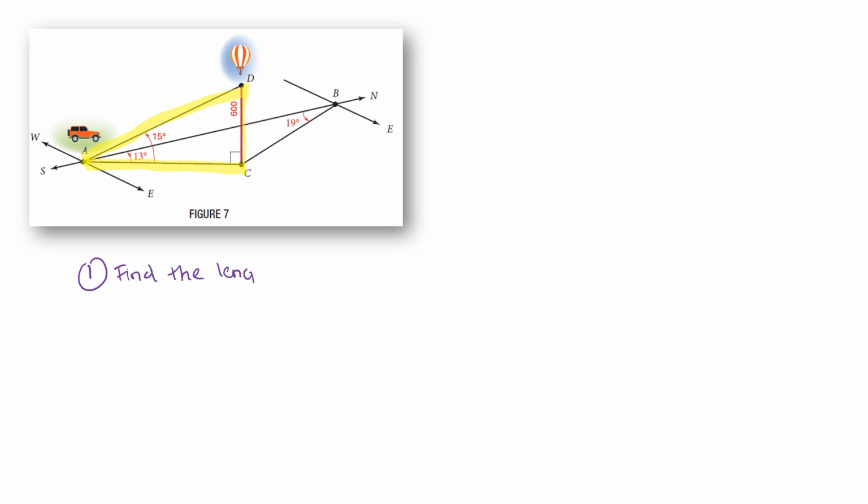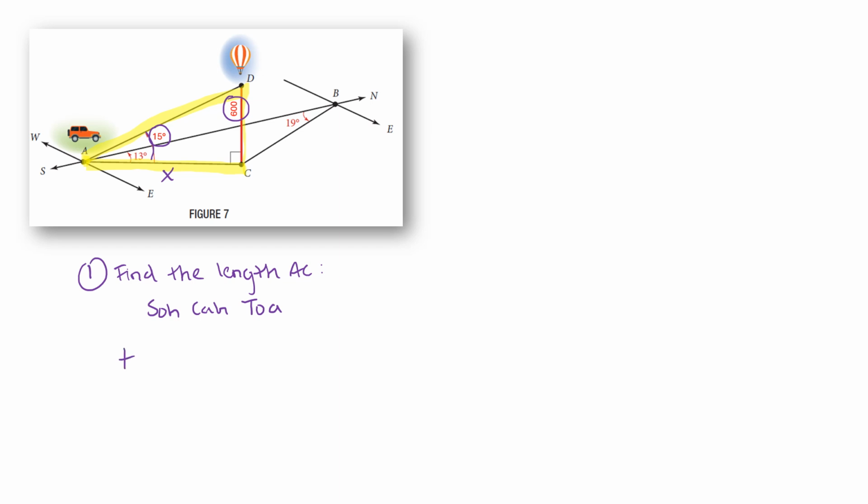If we want to find the length AC, we can use our trig acronym, SOH CAH TOA. We have the angle measurement, which is 15 degrees. The opposite side is 600 feet. We want the adjacent side, x, which is AC.